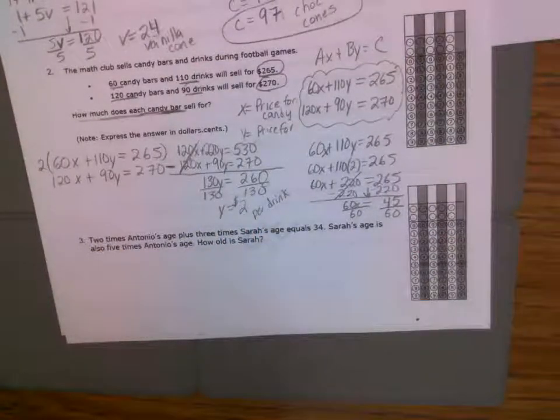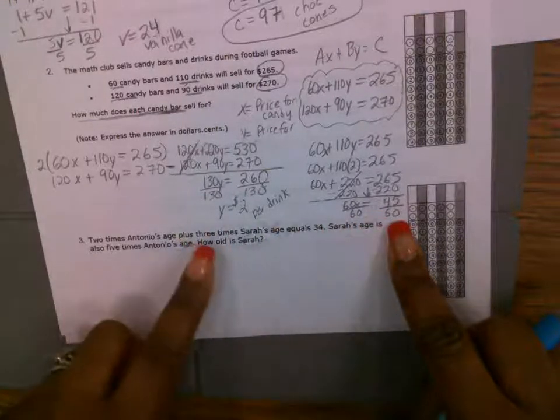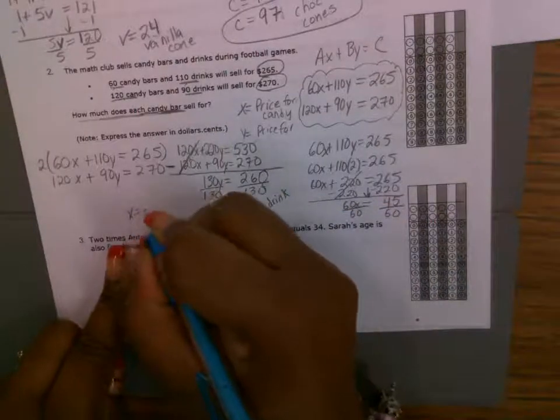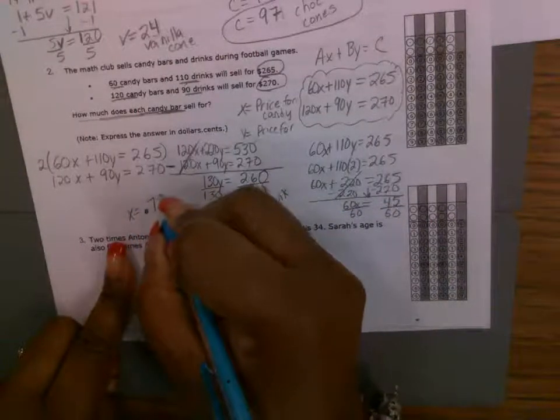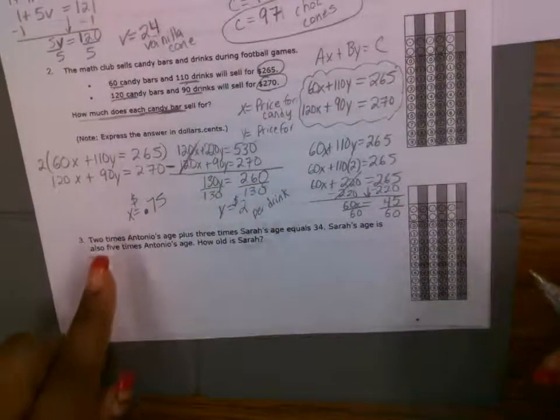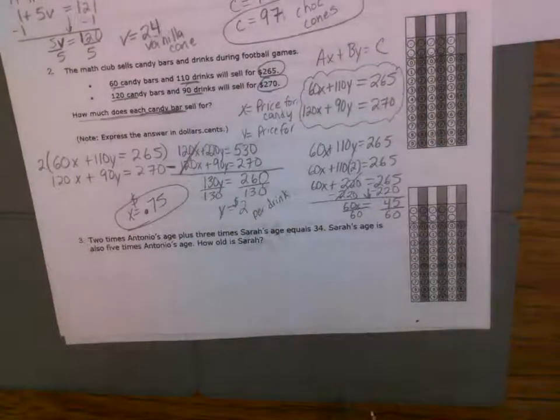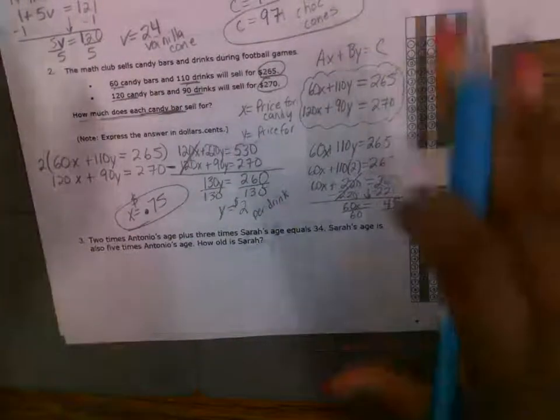So when I divide 45 divided by 60, that gives me 75 cents. Okay, so x is equal to 0.75, which is 75 cents. Okay, so the cost for each piece of candy is going to be 75 cents.